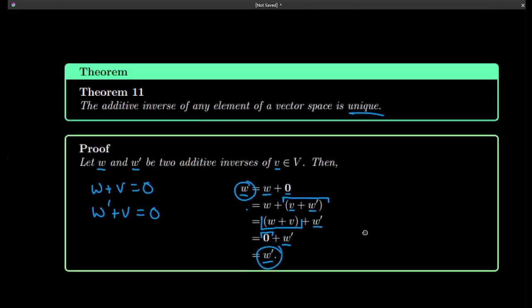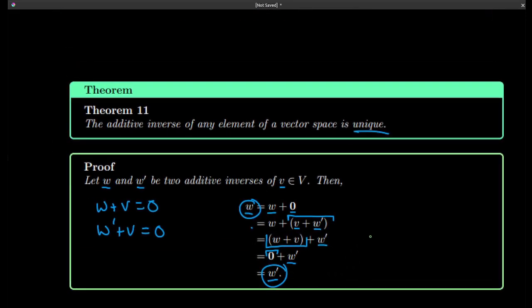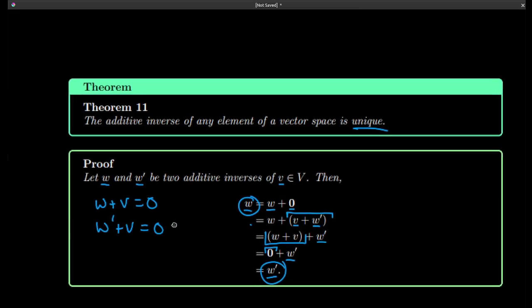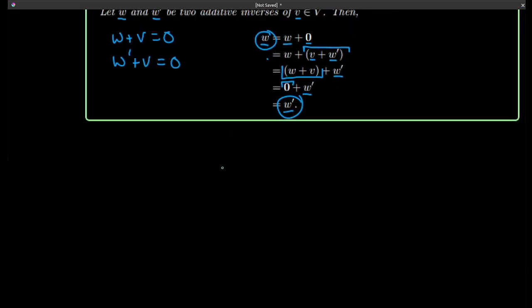So we had to make sure that we had a unique additive inverse. Otherwise, maybe in some cases you would have minus V. Minus V might refer to two different things if that weren't the case, and maybe one of them would be equal to minus 1 times V, and the other one wouldn't.